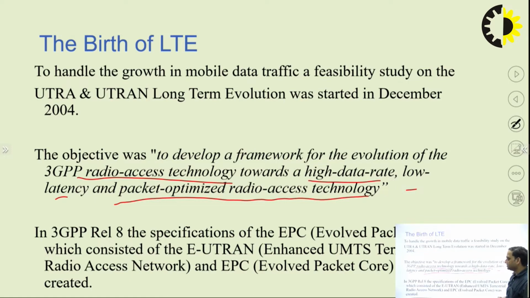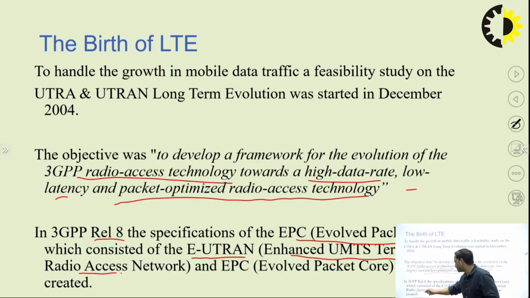In 3GPP release 8, there were the specifications of the EPC, the evolved packet core, which was part of the LTE system architecture. It consists of the E-UTRAN, the enhanced UMTS terrestrial radio access network, and this UMTS is for the third generation, plus the EPC, the evolved packet core network.